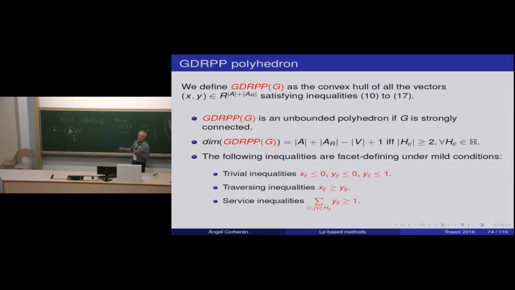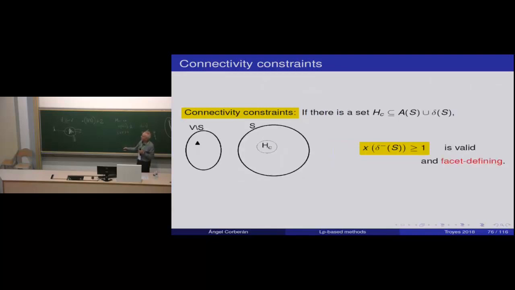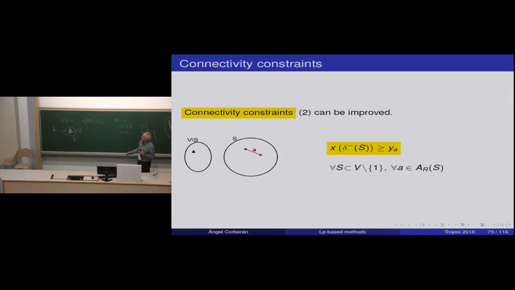I put some details here in order to show you the way we approach these problems. We define the convex hull of all our solutions. We prove that this is a polyhedron. We find the dimension, and then for the inequalities in the formulation, we try to prove that they are facet inequalities. For instance, let me show you, these are similar to the connectivity inequalities I presented before.